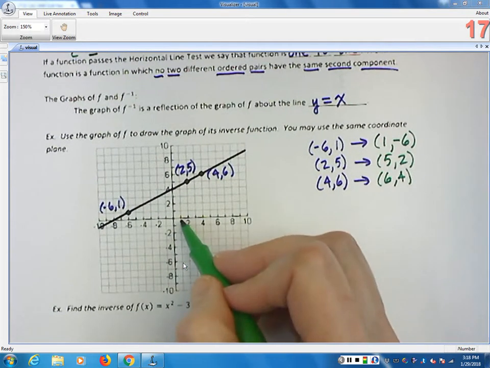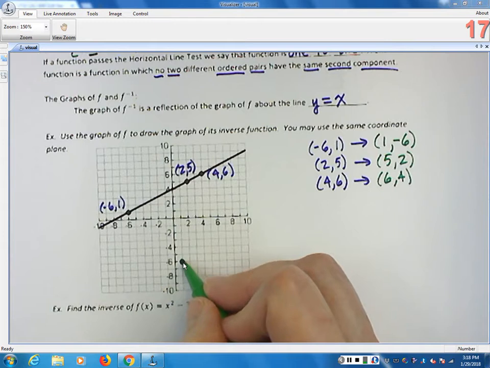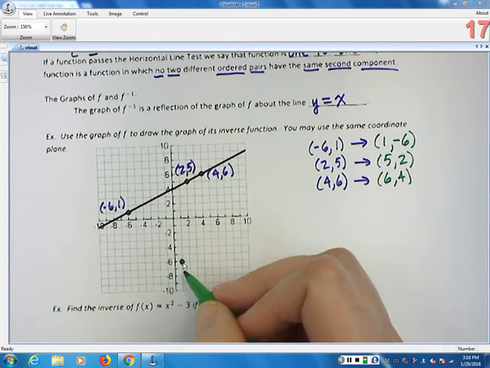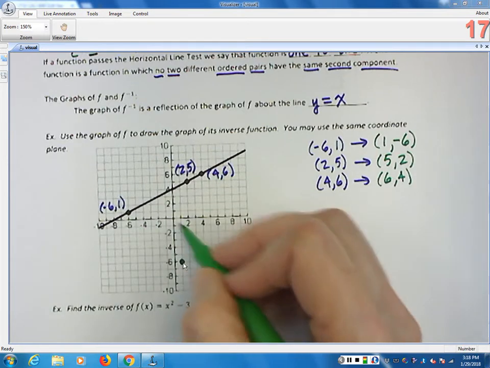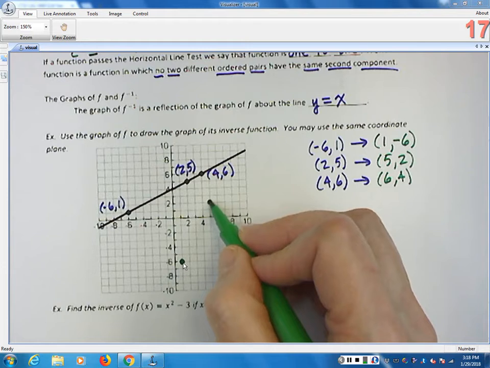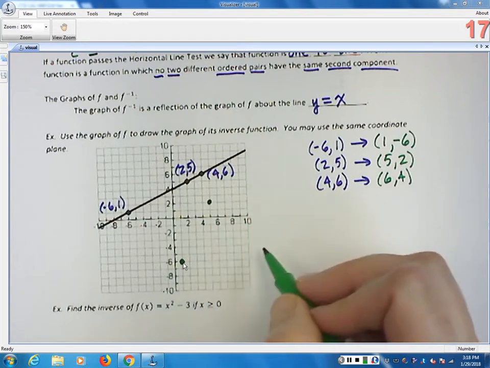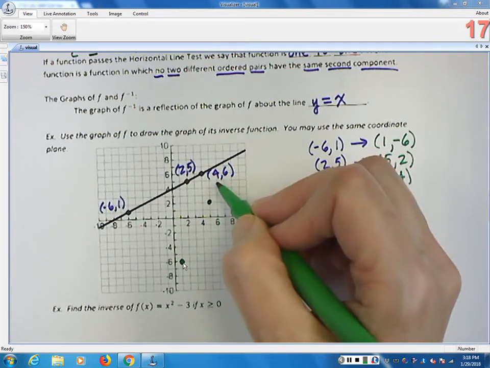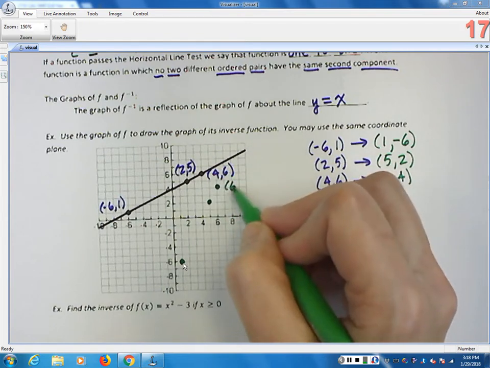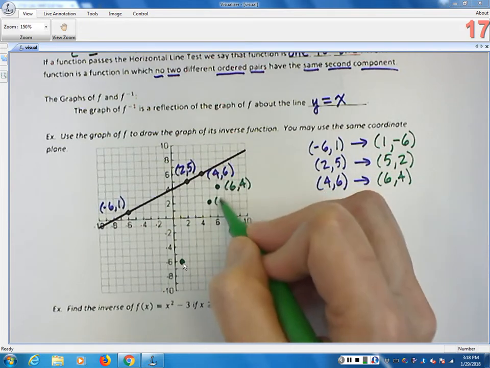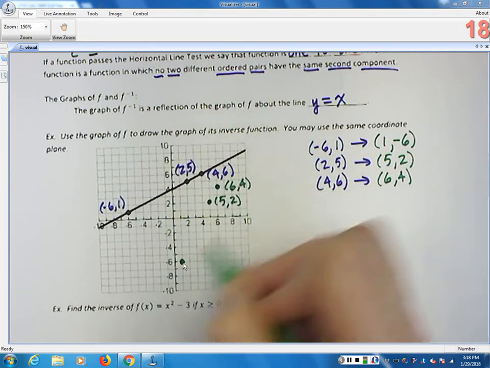So (1, -6). That makes sense. That was that one. (5, 2). And (6, 4). You switch your x's and y's.